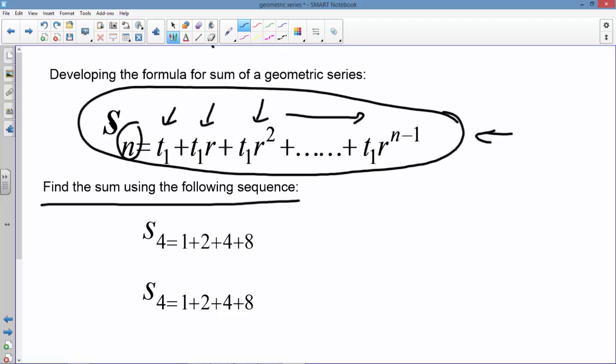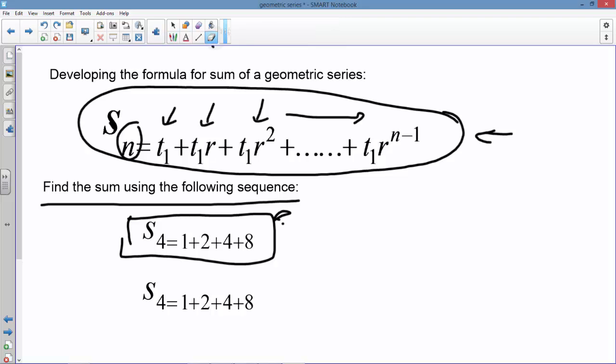So we're just going to use a general example using the sum of these 4 terms. And then I'm going to give you the formula for the general. If you're interested in seeing the development of the general formula, I can do that at a later date for you.